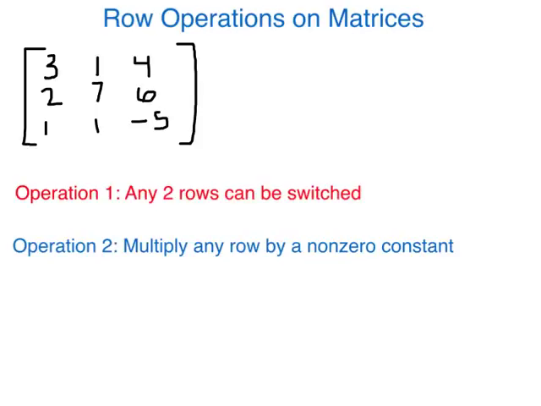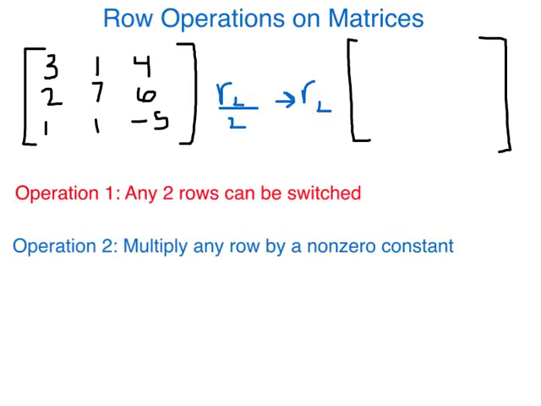And let's take, we're in blue still, let's take row 2 and let's divide it by 2. And that's going to be our new row 2. So what we have here is I'm going to write the rows that did not get changed.